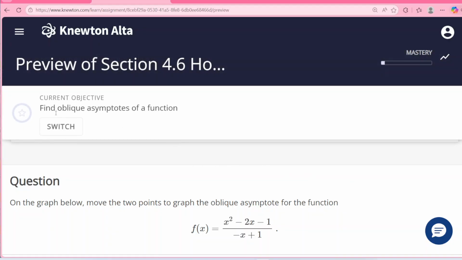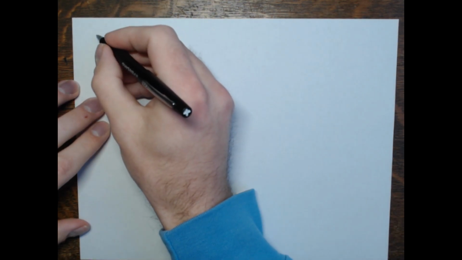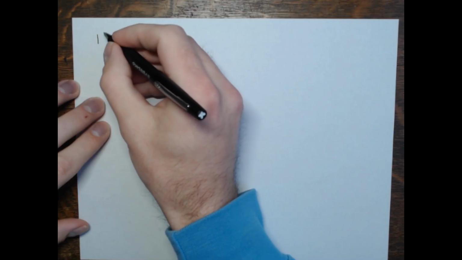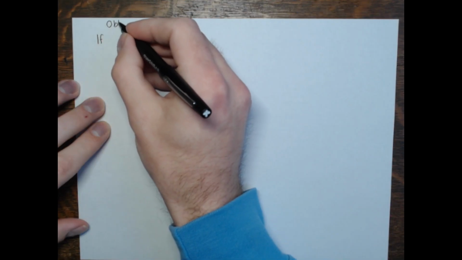All right, so now we're given oblique. This objective is find oblique asymptotes of a function. So let me explain what that is real quick. So oblique asymptotes.